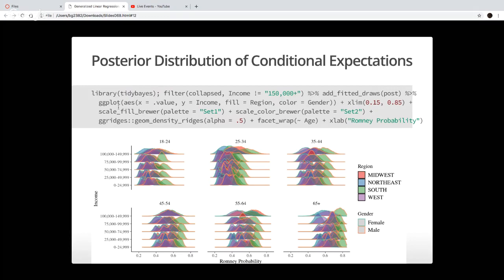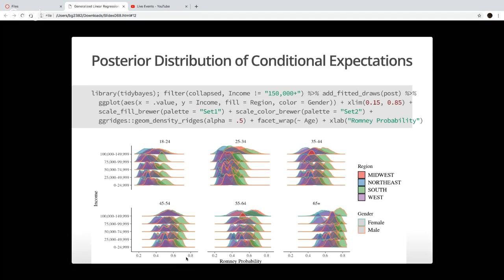And then you can pass it to ggplot, you can pass it to ridges, do all this stuff with the colors. You can do different ones for region and gender, and facet_wrap, so you have different age categories over here, different income categories over there, and you see a density plot for this or that type of people in terms of what is the probability that they would be supporting Romney on the horizontal axis here.